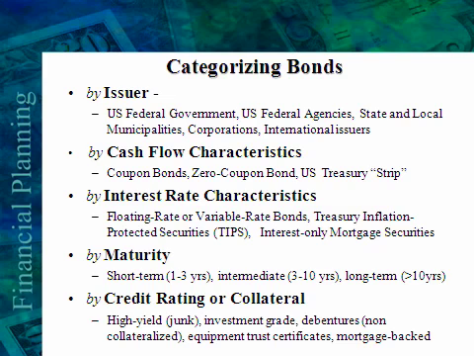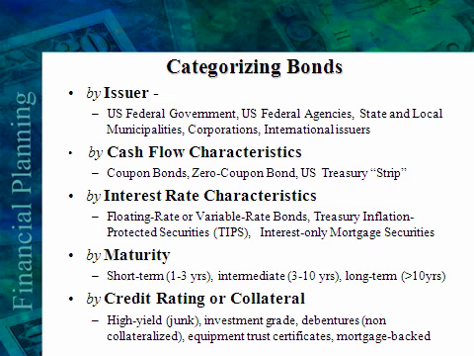By cash flow characteristics: coupon bonds, zero coupon bonds, and U.S. Treasury strips. By interest rate characteristics: floating rate or variable rate bonds, Treasury inflation protected securities referred to as TIPS, interest only mortgage securities.